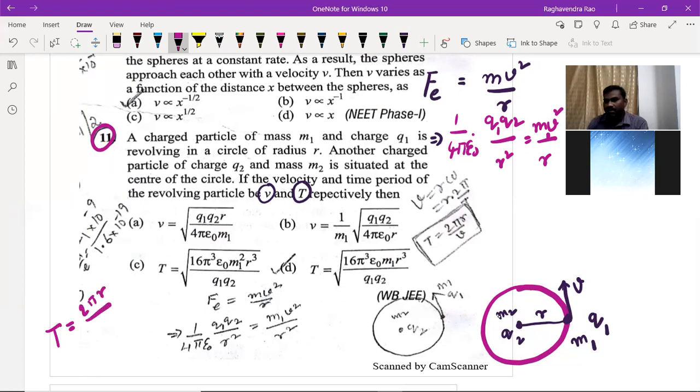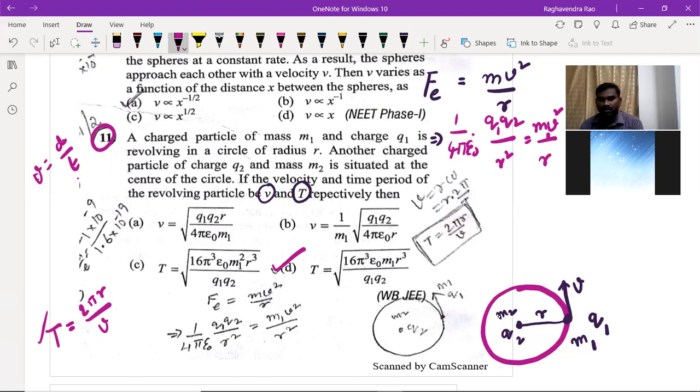Velocity is distance by time, so time is distance by velocity. The distance is the circumference of the circular path, and the velocity expression we get from this relation. We substitute, and then we get the expression for the time period of the charged particle. So this is option D.